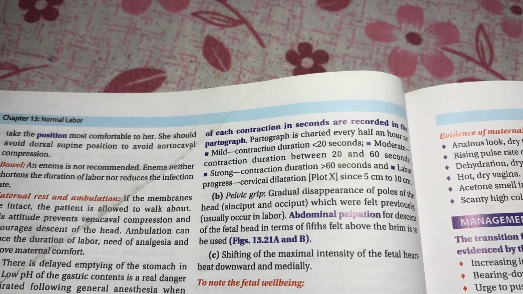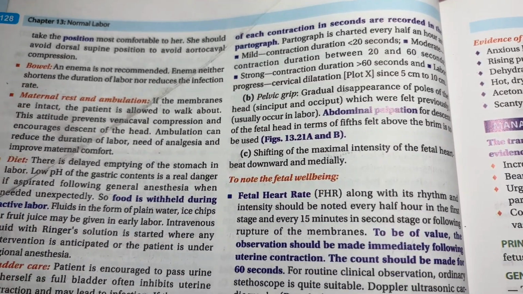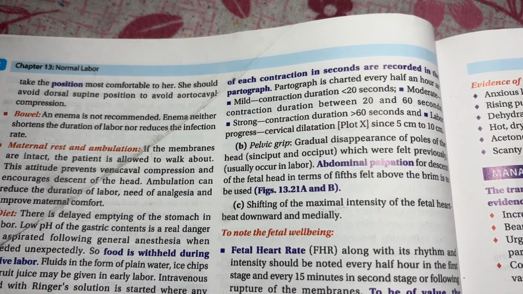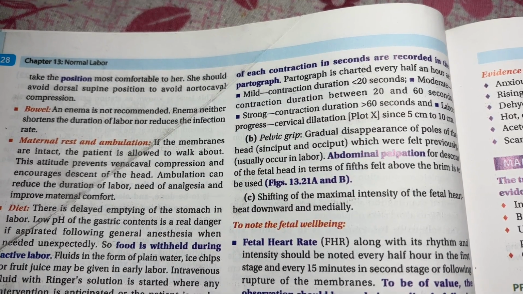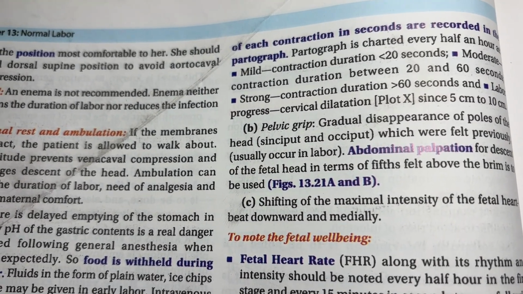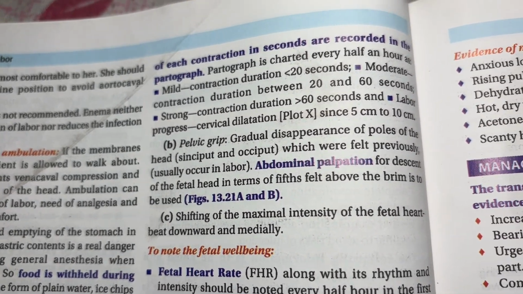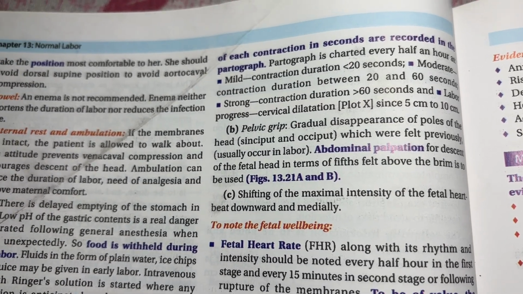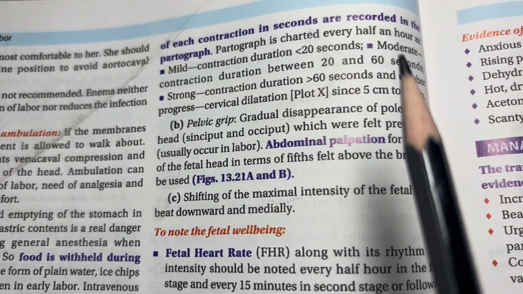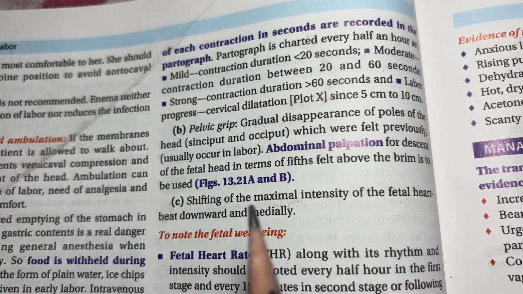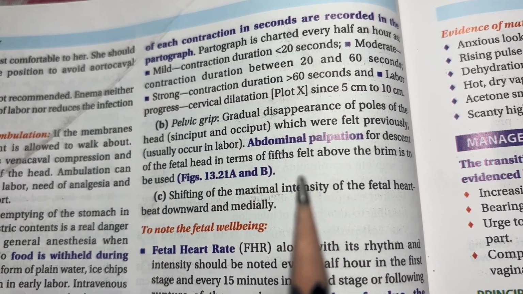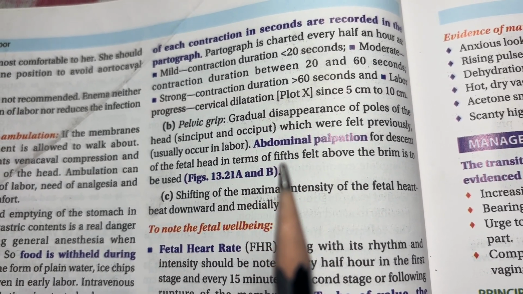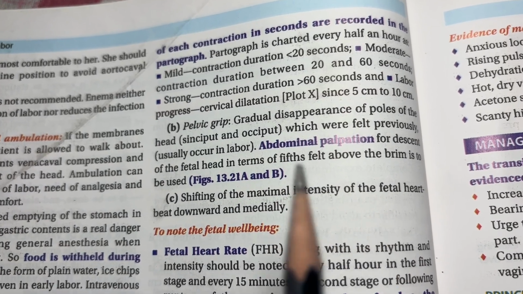And then in abdominal palpation, mainly the grip, we have to assess the pelvic grip, as the gradual disappearance of the poles of the head, sinciput and occiput, which were felt previously. Abdominal palpation for descent of the fetal head in terms of fifths felt above the brim is to be used.